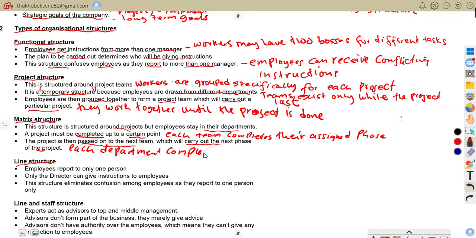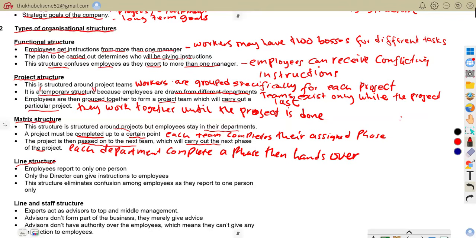For example, after a design, the construction team starts what? Building. That's what it means.